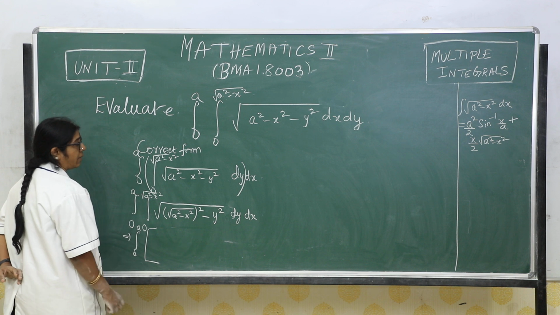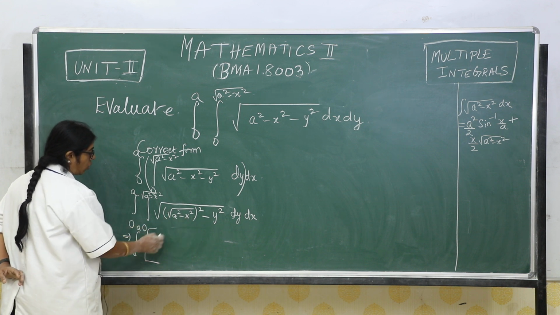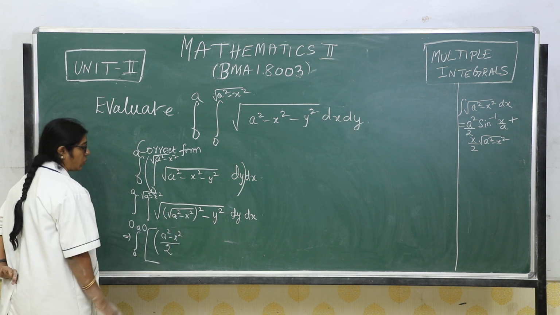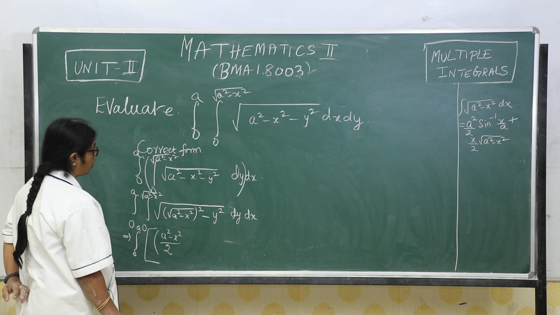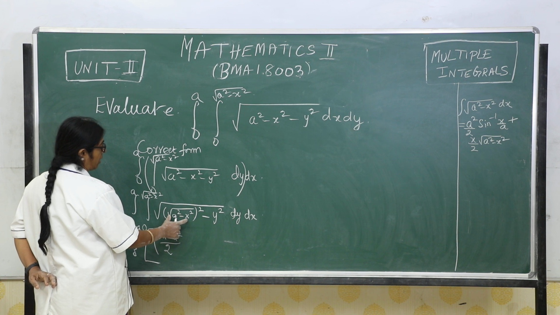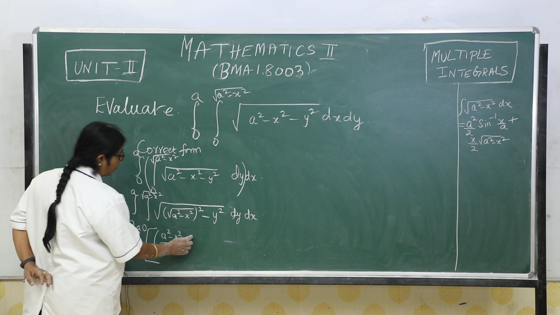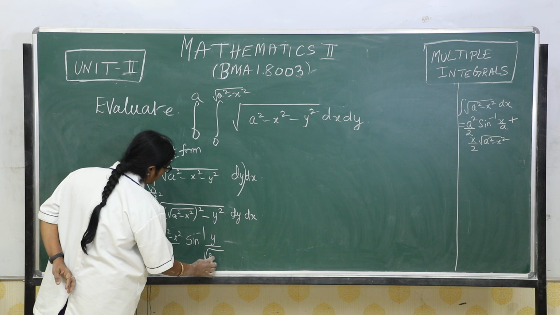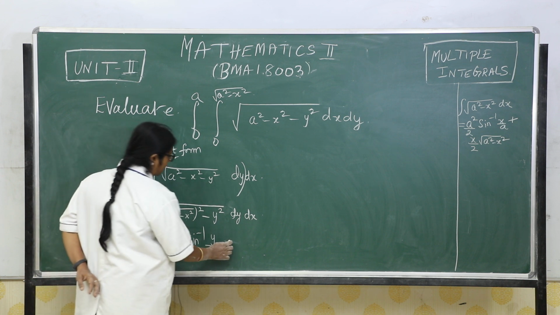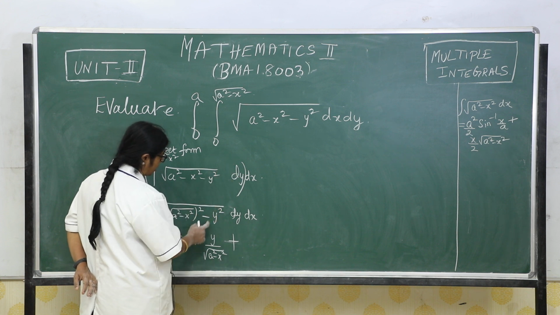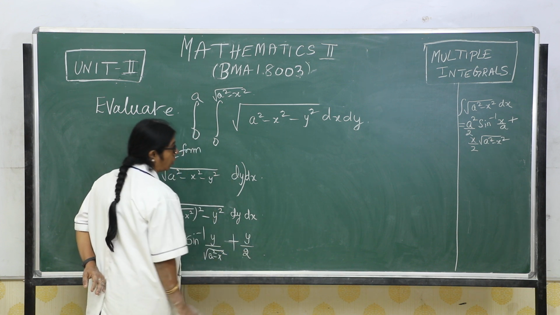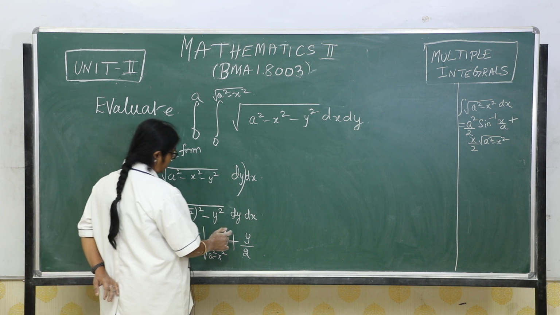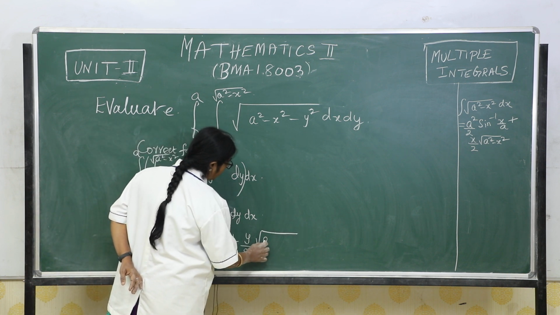Compare with that formula: a squared by 2, so this squared, a squared minus x squared by 2 sin inverse of y by root of a squared minus x squared, plus y by 2 into root of a squared minus x squared the whole squared minus y squared. You have to write down the whole thing.